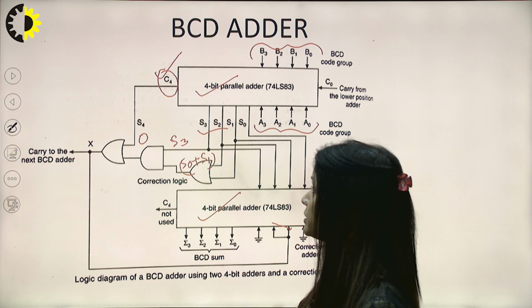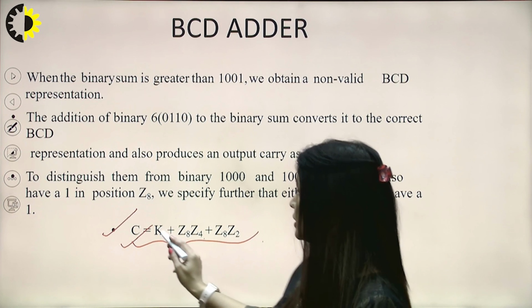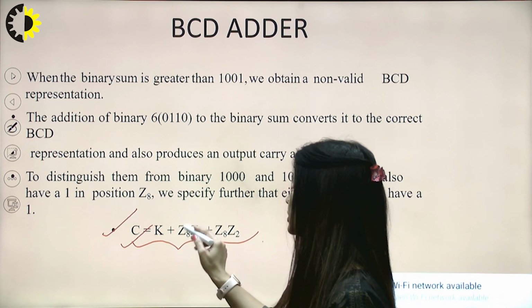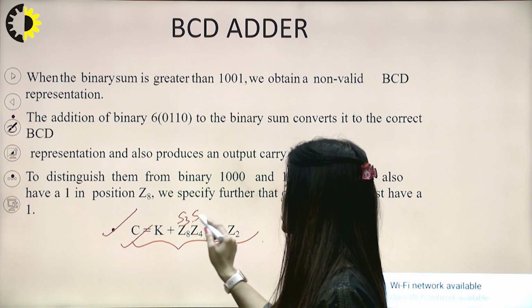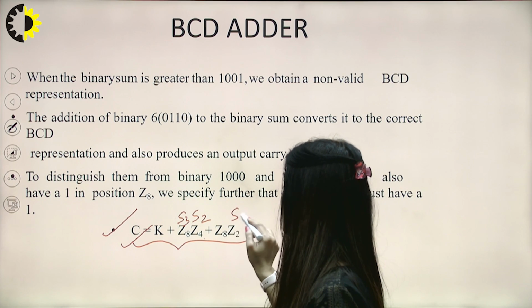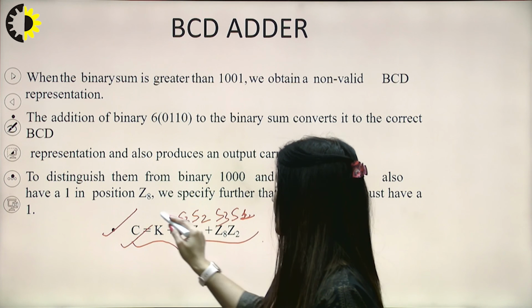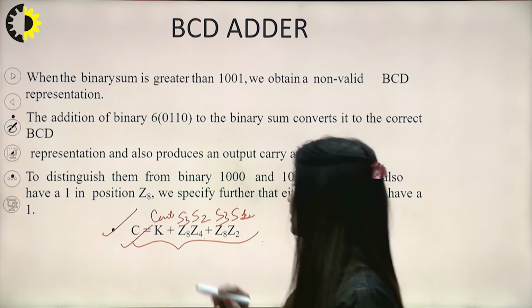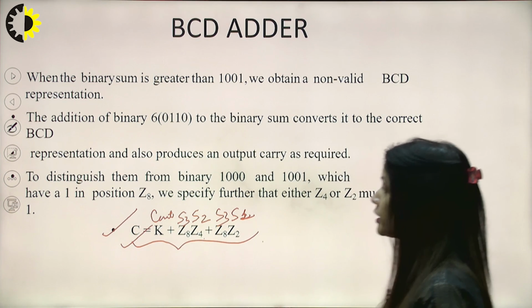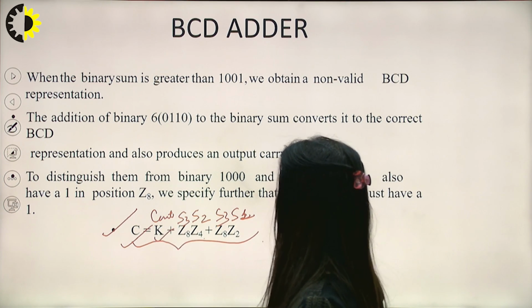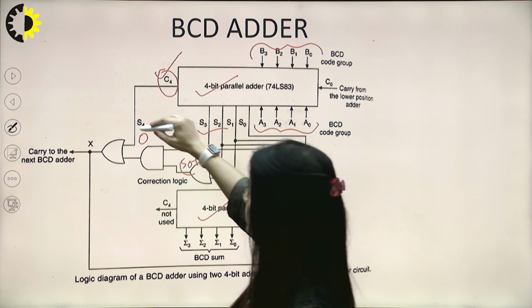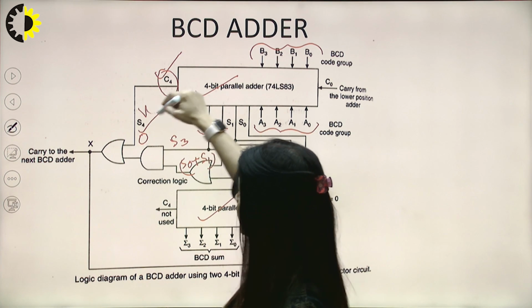Same as we have derived: K plus Z8 Z4. Z8 means S3, Z4 means S2, and S2, S1, S3, and this is the carry out. This one is for K. K means this S4.